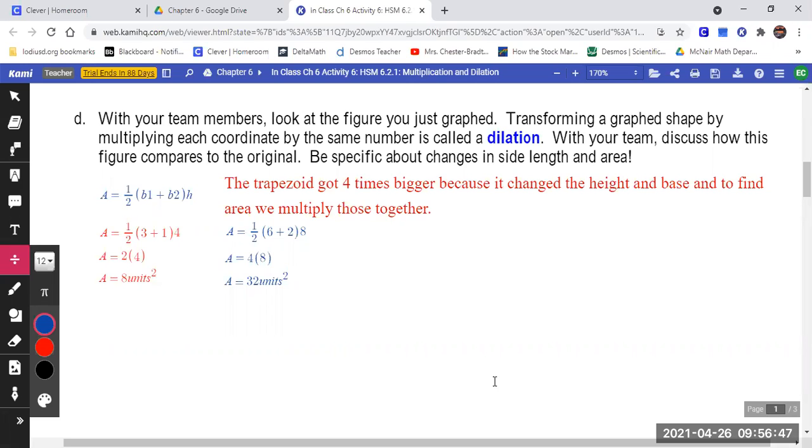What if my scale factor is 6? How much bigger is the shape? What if I'm multiplying all my x and y times 6? How much bigger? 6 times 6 bigger, right?